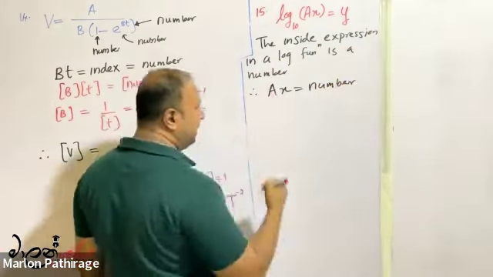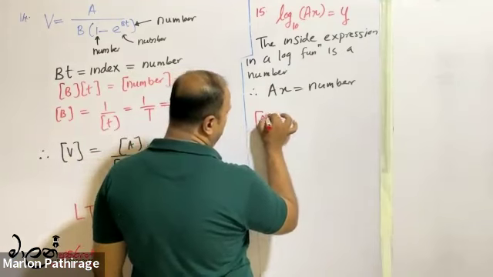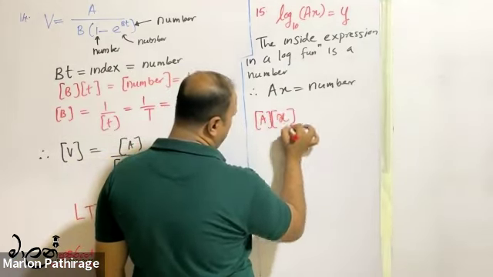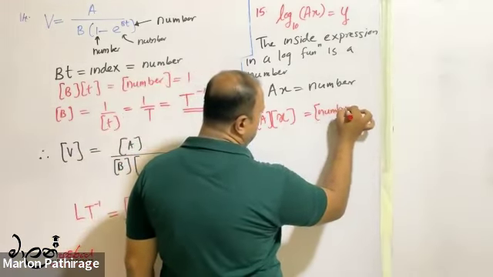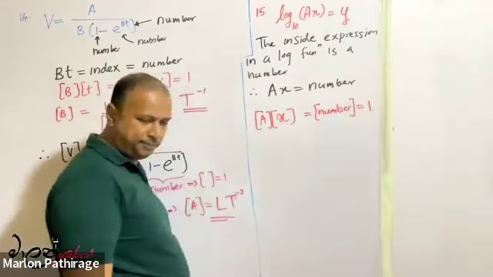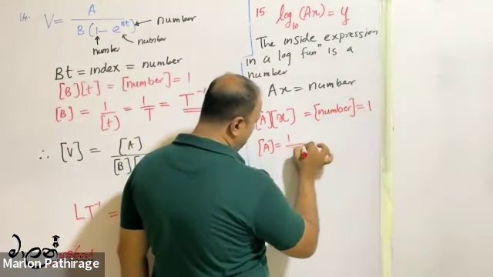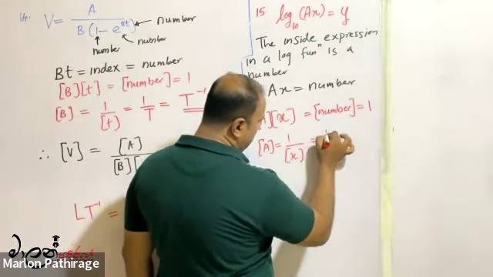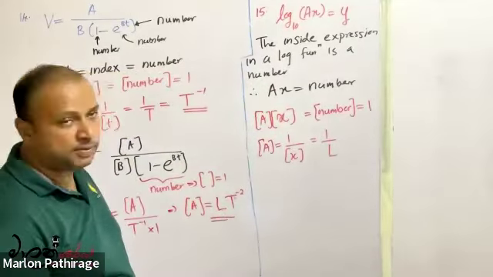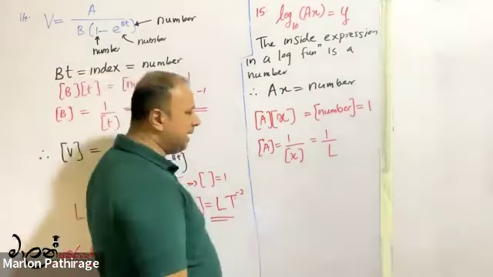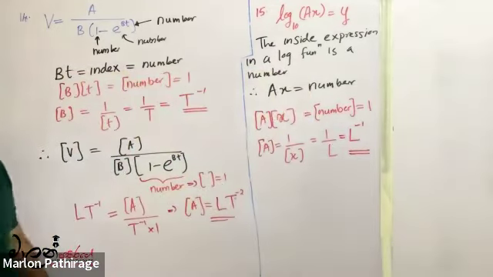Then I can build a dimensional argument with it. Therefore, dimension of A into dimension of X is equal to dimension of number, so that is 1. Therefore, dimension of A is equal to 1 over dimension of X, that means 1 over L, since X means displacement. Therefore, A means L to the power minus 1. Is that clear?